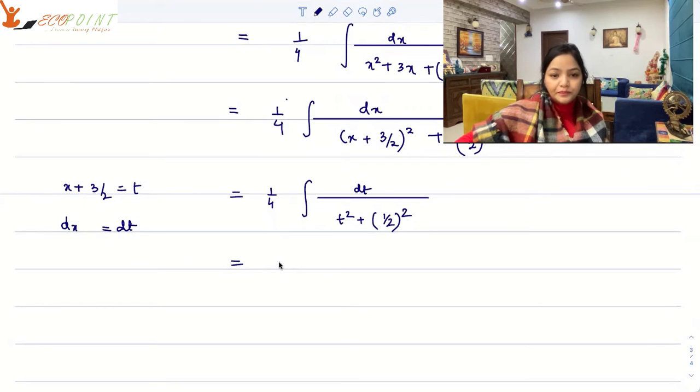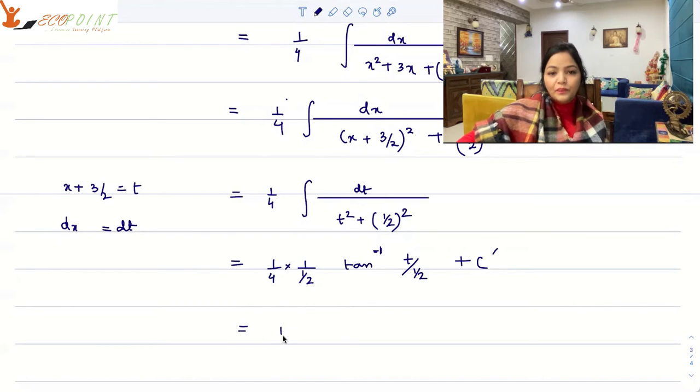So this will be 1 upon 4 outside. And since your a square, a is half. So you will have 1 upon a tan inverse t by a. A is half. So t by a plus, say, let's call it c dash.